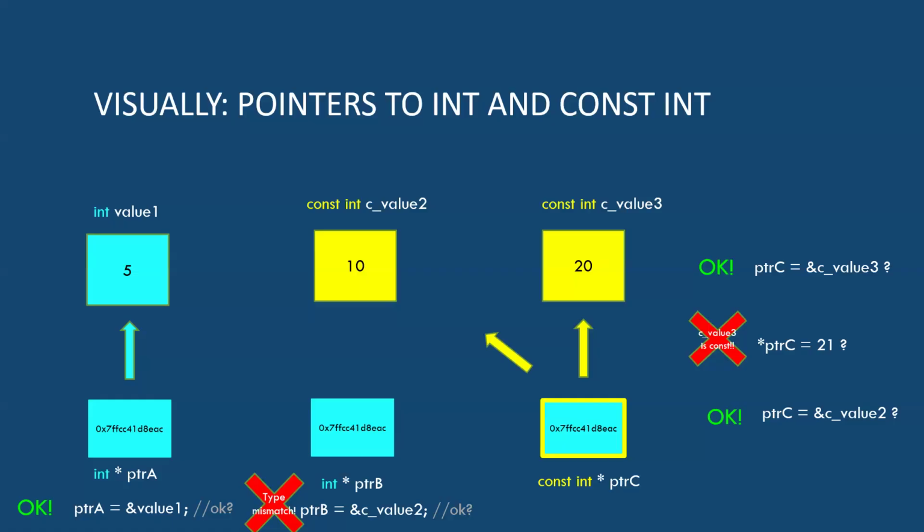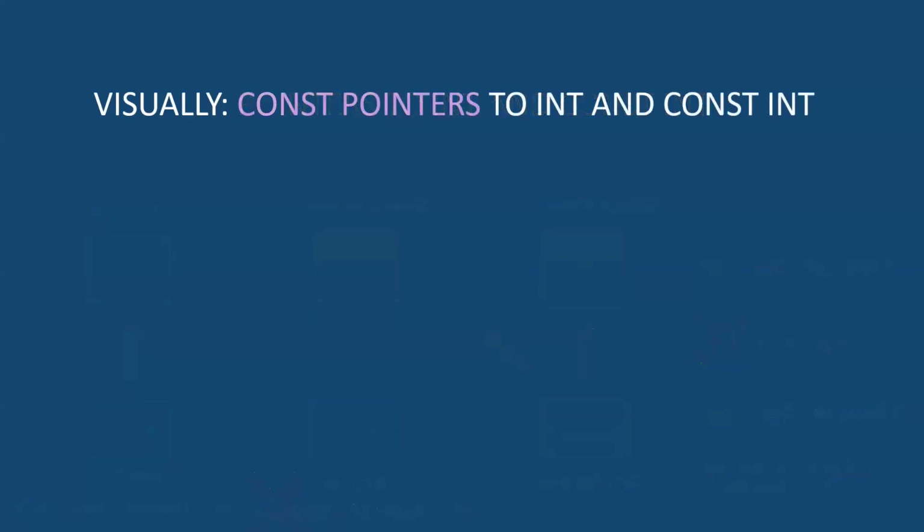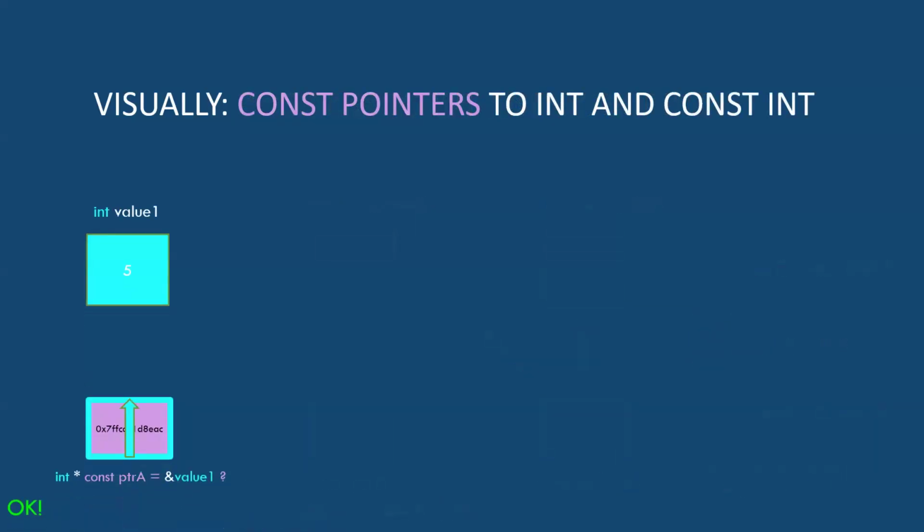Tricky stuff, which is why I don't introduce const in my beginning classes, because it just gets crazy really, really fast, okay? So now if I move the const to the other side, we got the other problem. Here, we have locked this pointer pointing at value 1. That's actually okay. You might think, wait, this isn't a const value.